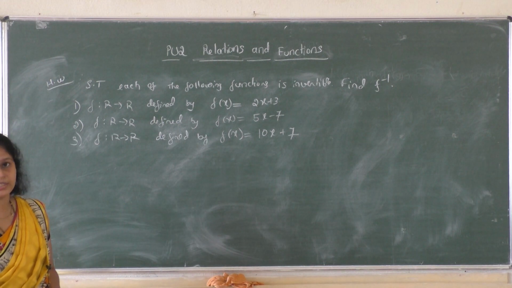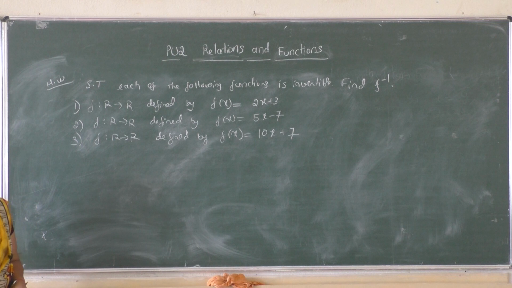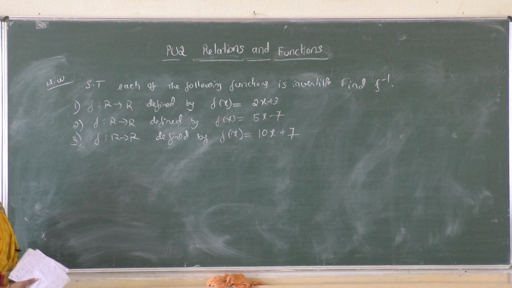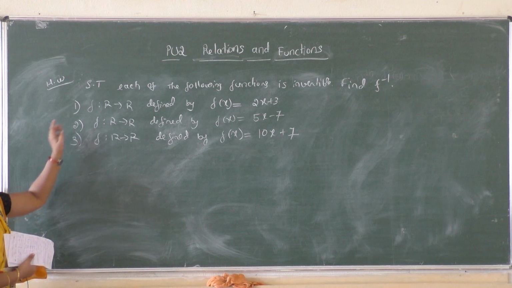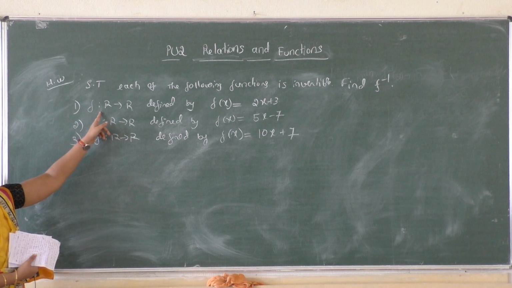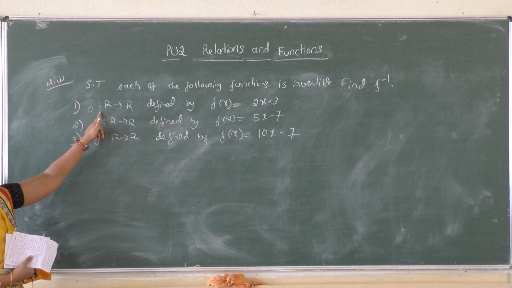Okay, follow the same method. Find f inverse. So f from R to R here, and the functions given are linear functions. First define f from R to R, then write y equal to f of x, then write what is x. After writing what is x, define g from R to R, and define what is g of y, which is equal to x.